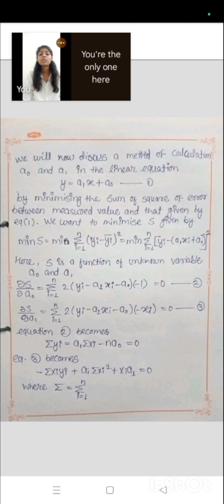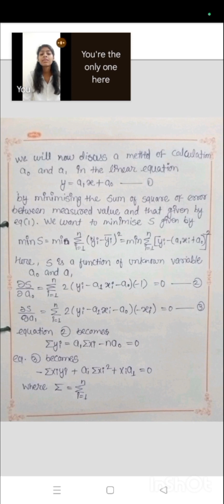We call this equation number 1, and by minimizing the sum of square of error between the measured value and that given by equation 1, we want to minimize S. So S would be the minimum of the summation for i = 1 to n of (yi minus yi bar) whole square, which is the minimum of the summation of (yi minus (a1 xi + a0)) square, where we put the yi bar value.